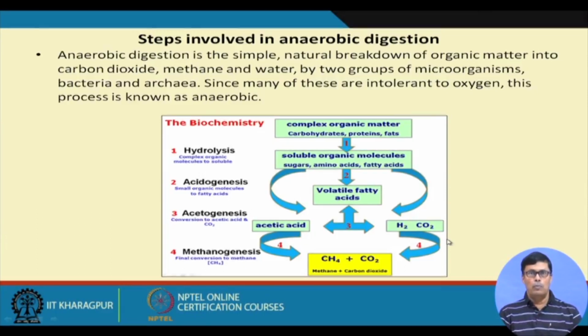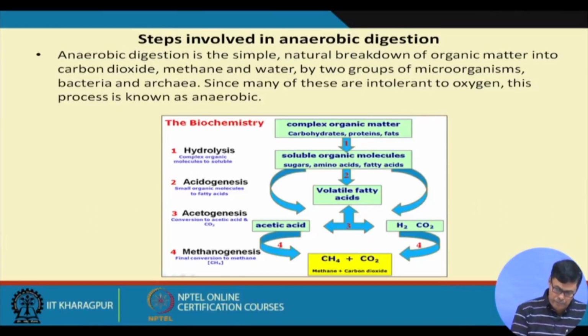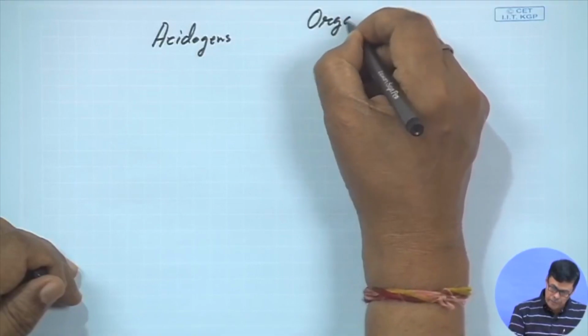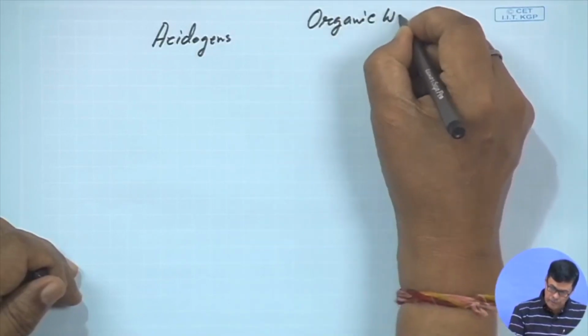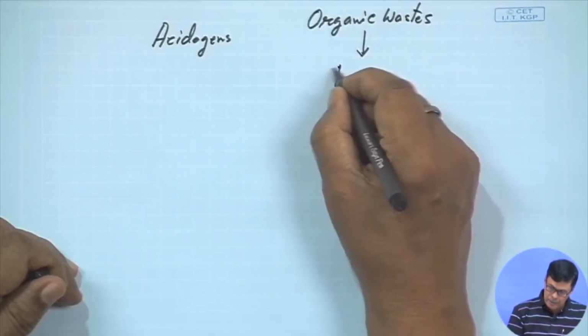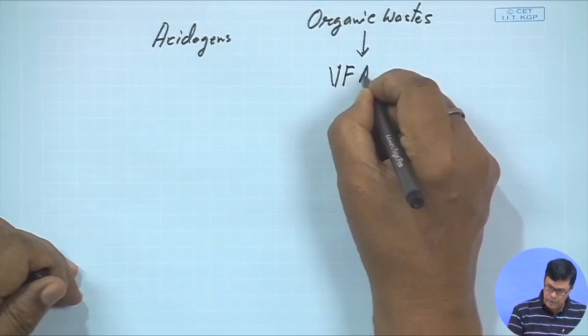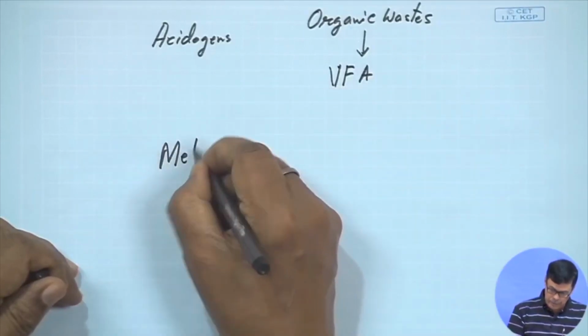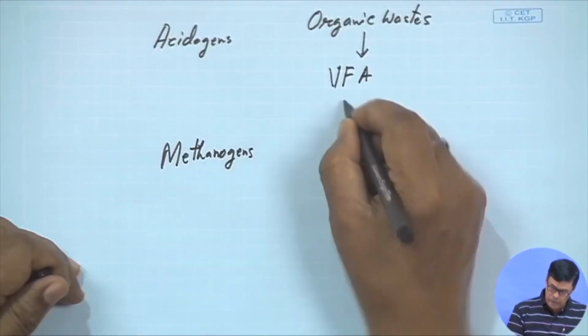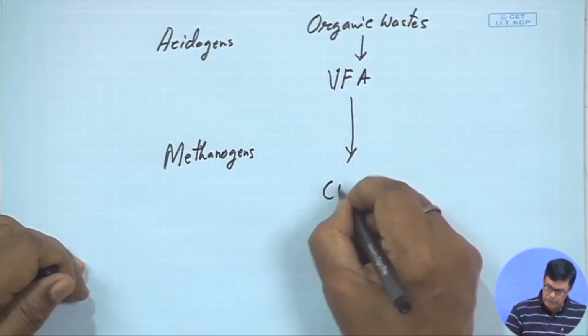So, two groups of microflora, because they are totally different from each other, they are not the same. Acidogens convert organic waste to volatile fatty acids, and methanogens convert these to methane and carbon dioxide.